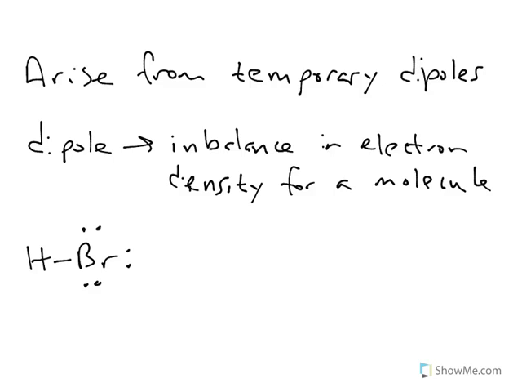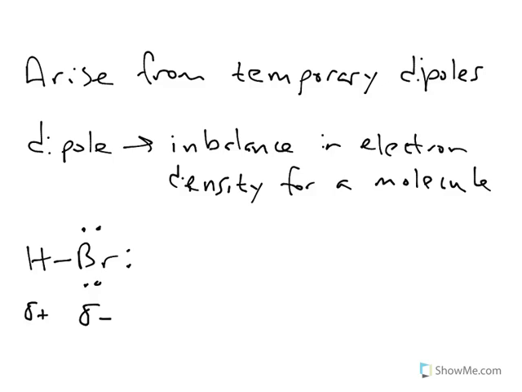The bromine atom is more electronegative than the hydrogen atom, so we draw a delta, which means partial, and it's negative. It's a partial negative charge over there for the bromine because it is more electronegative. Since the hydrogen is losing electron density to the bromine atom, we have a delta plus over there, or partial positive.